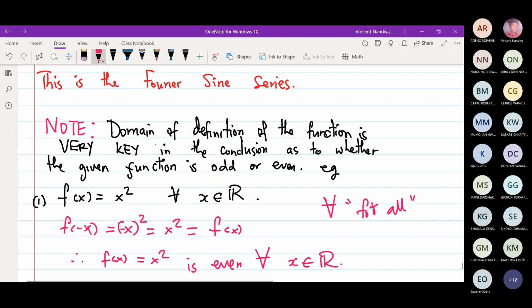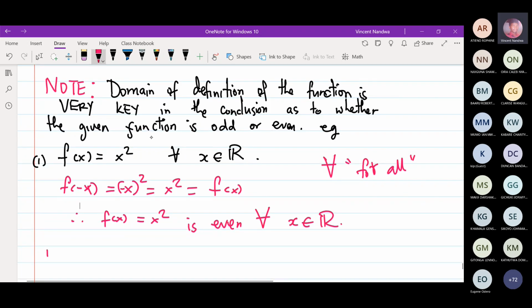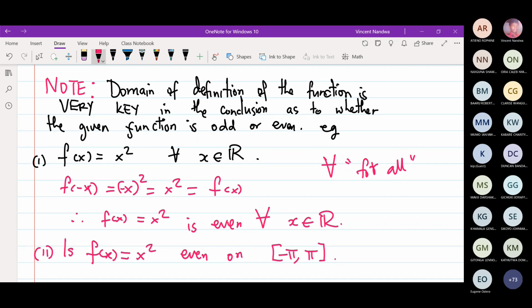Now, is f of x equals x squared even on that interval minus pi to pi? Yes or no?